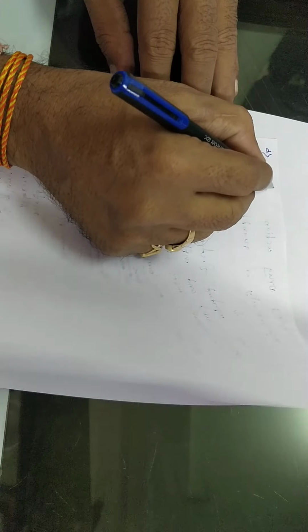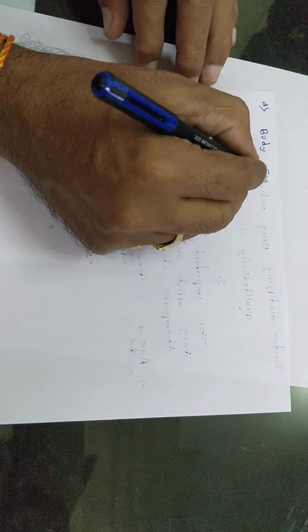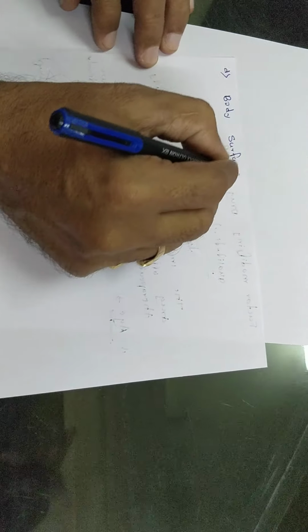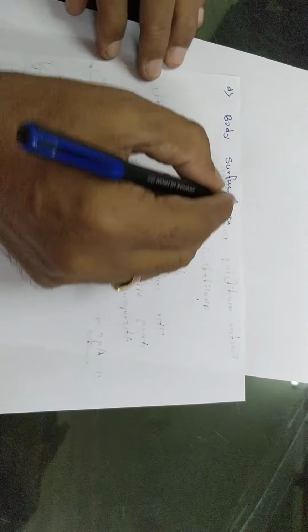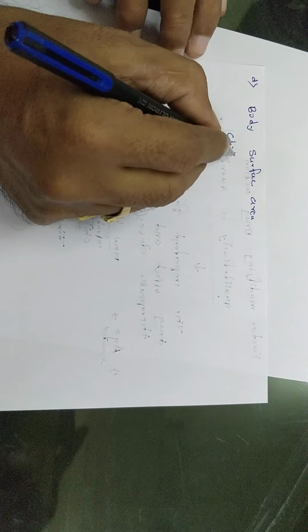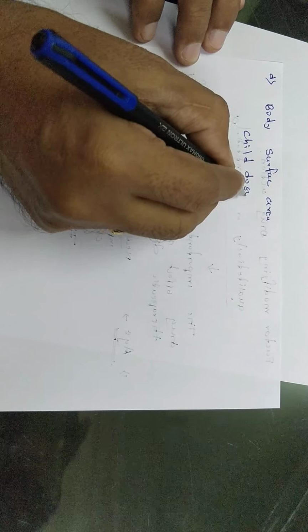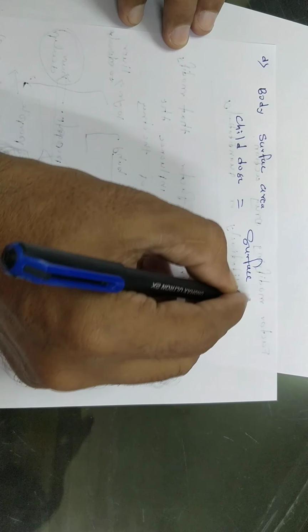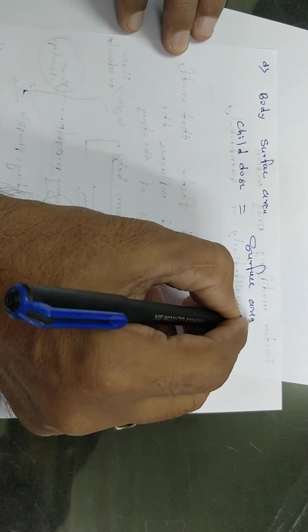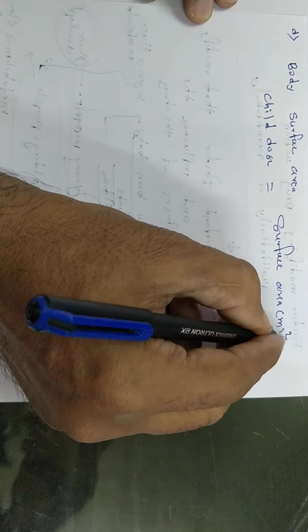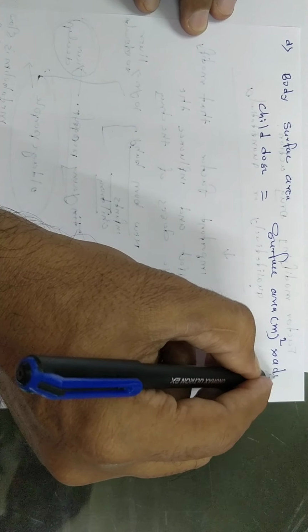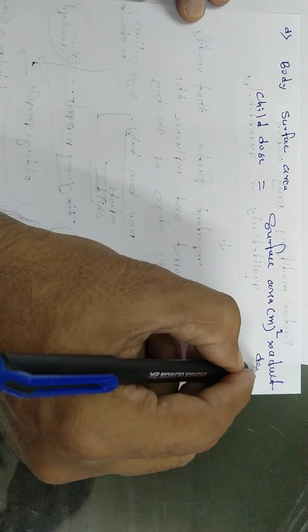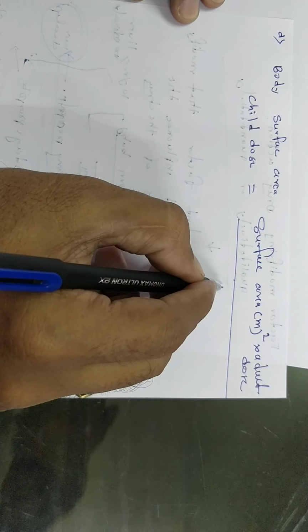The last formula is body surface area. Child dose is equal to surface area in meter square into adult dose divided by 1.7.